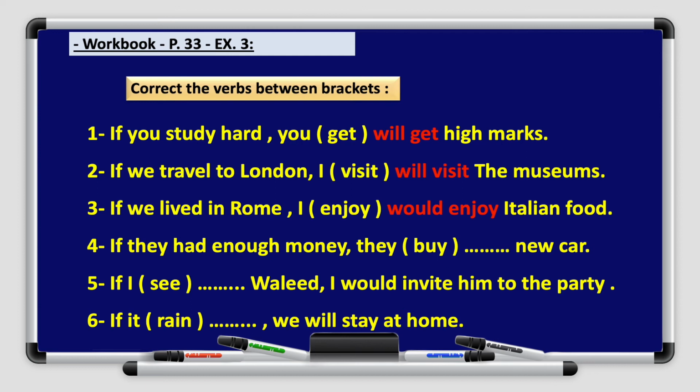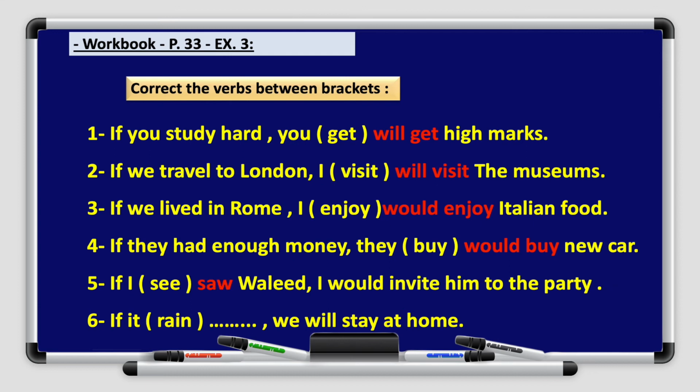Number 4, if they had enough money, they would buy a new car. 5, if I saw Walid, I would invite him to the party, and here we use past because in the second part we have would. And the last one, if it rains, we will stay at home.